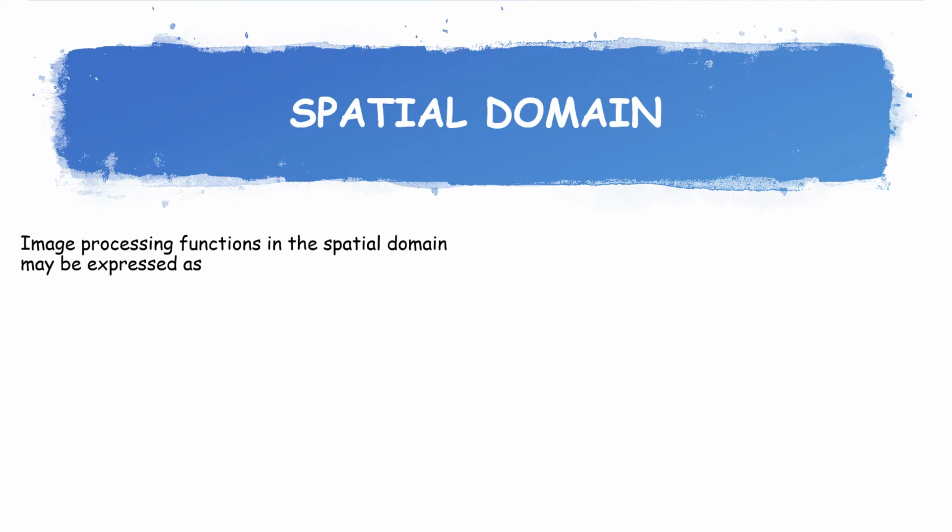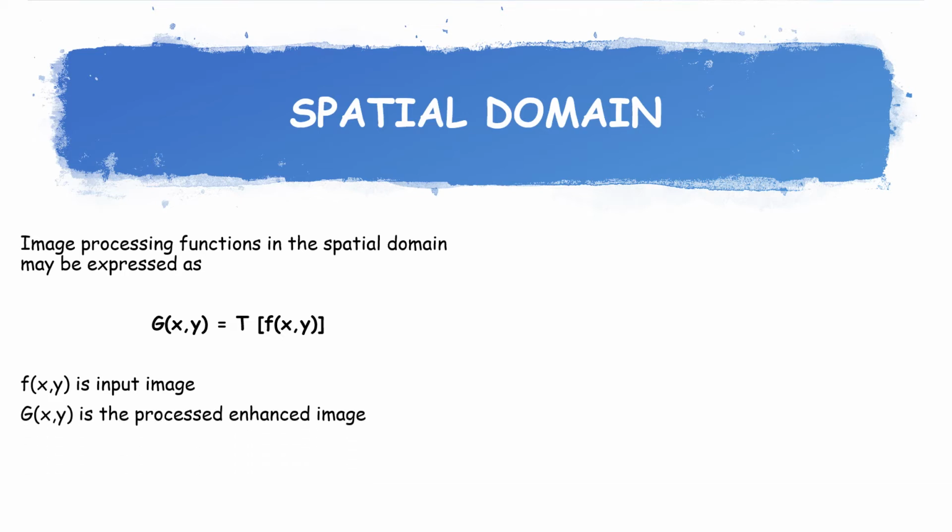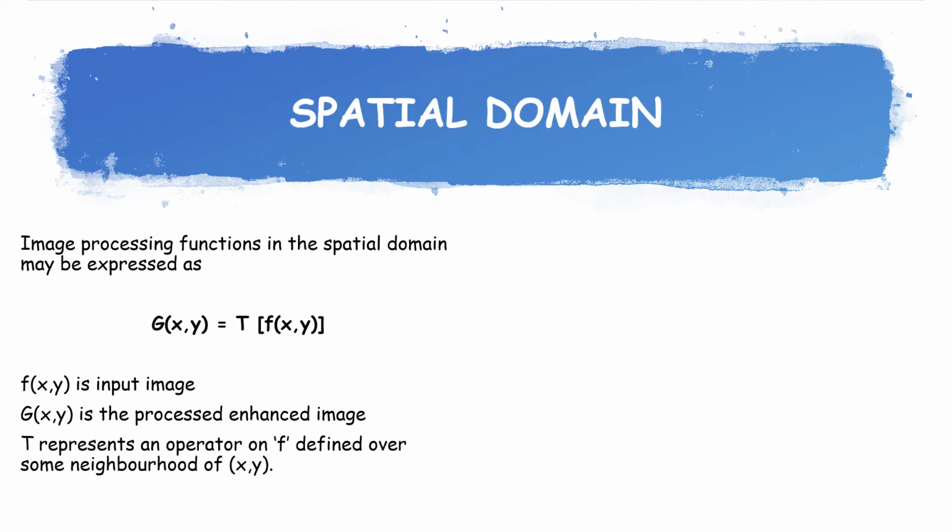The image processing functions in the spatial domain may be expressed as g(x,y) = T[f(x,y)], where f(x,y) is the input image, g(x,y) is the processed enhanced image, and capital T represents an operator on f which is defined over some neighborhood of (x,y).